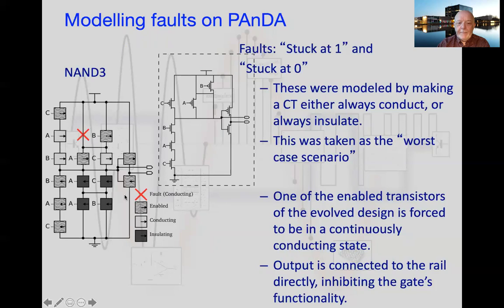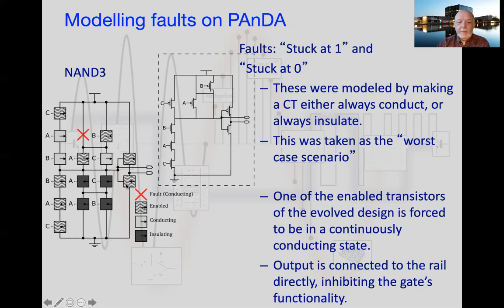If it's clear, then it is always conducting, so it's not really a functional transistor anymore. It just conducts input to output. And if the box is shaded out, a darker box, then the transistor at that point is always insulated, so it's not letting any current through.